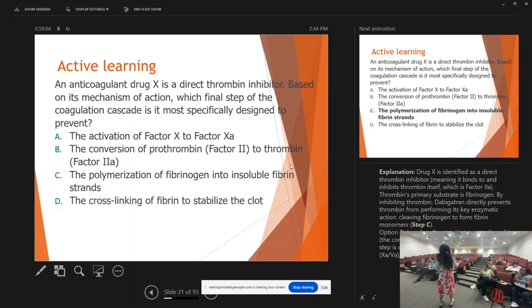It's not coming together yet. Fibrinogen is inactive in the blood. Polymerization leads to insolubility. You have to polymerize these soluble fibrinogen to form fibrin, so that becomes insoluble. That is where it's making the mesh. That is where it is cross-linking fibrin to form the stabilized clot.